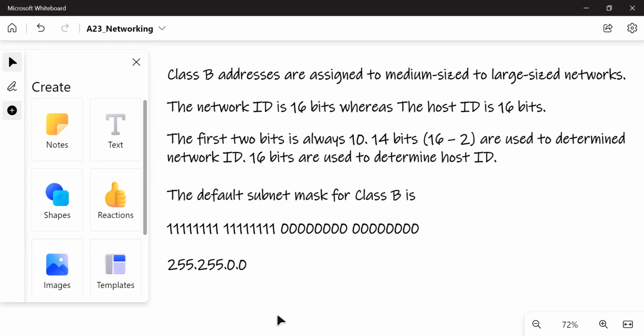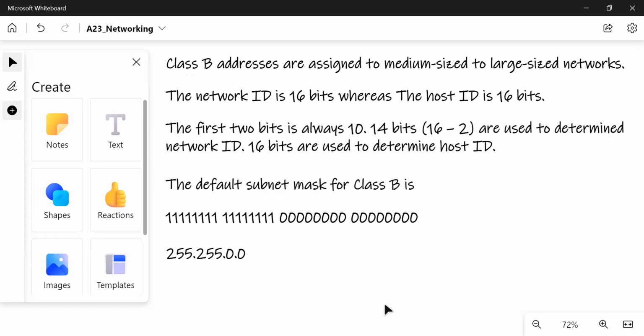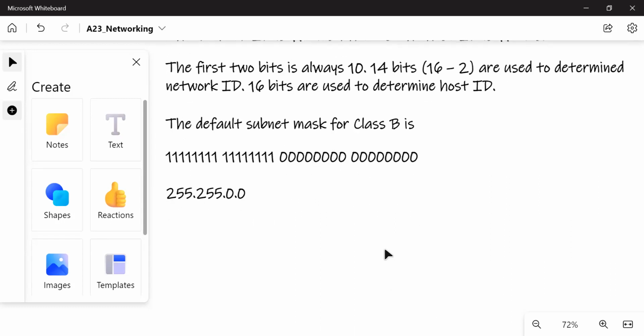The next one we need to discuss is the range of IP addresses. What is the range? What is the minimum and maximum?